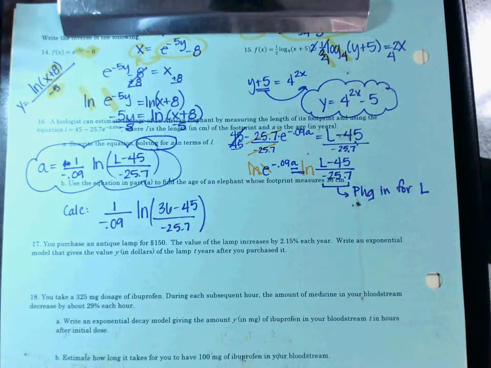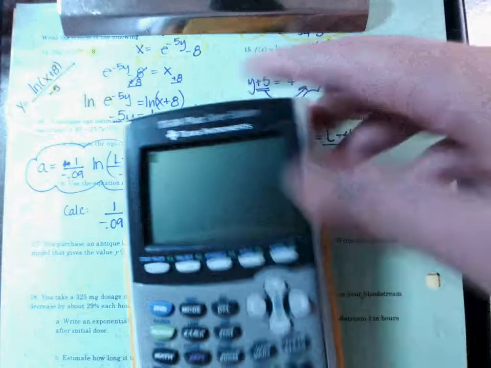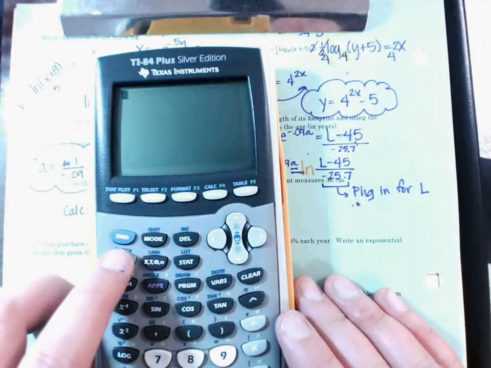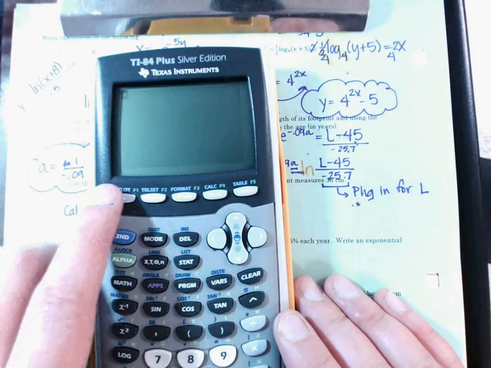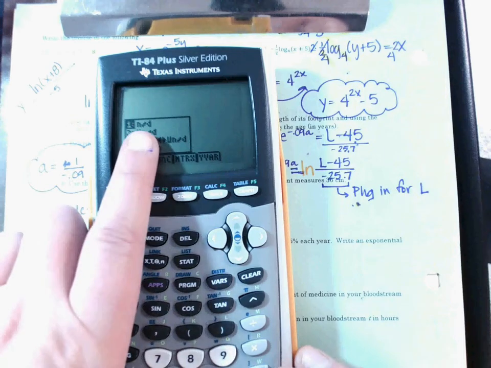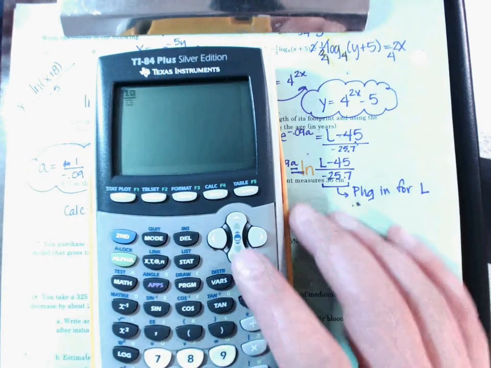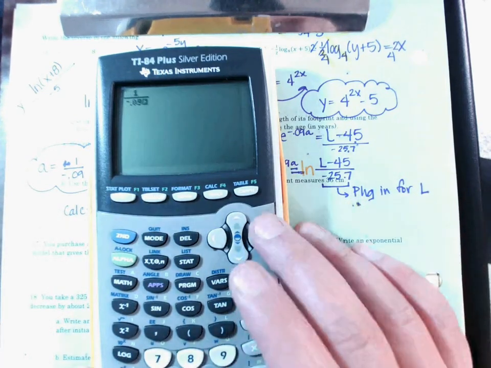If you do not remember how to open the fraction bar, I'll show you up here. Okay, the fraction bar is alpha y equals. So look, watch if you don't remember. You'll push alpha, and then y equals, and it's n over d. So I'll put 1 over negative 0.09.